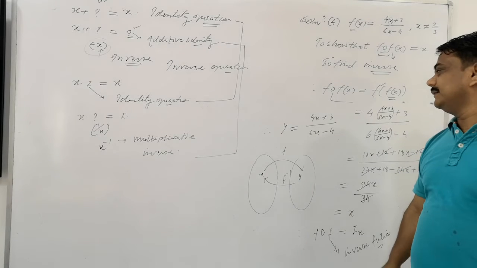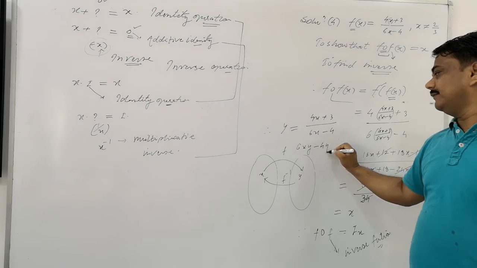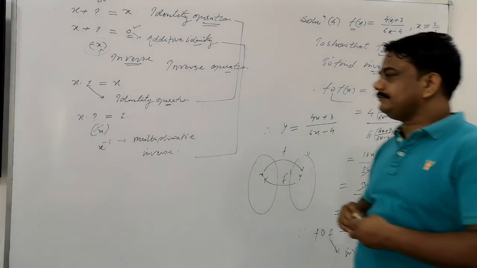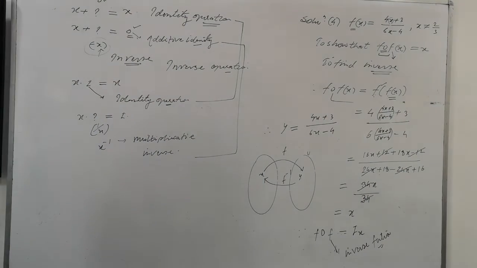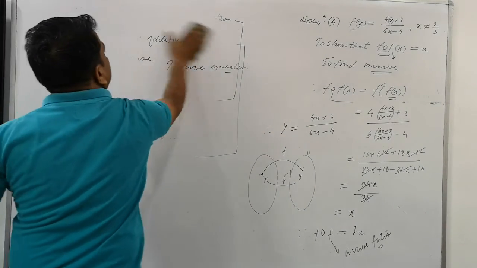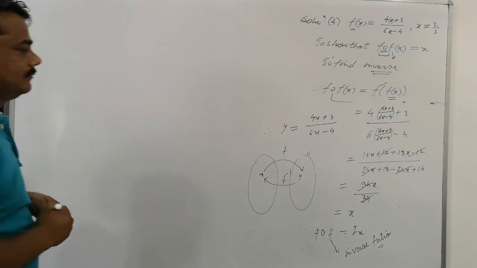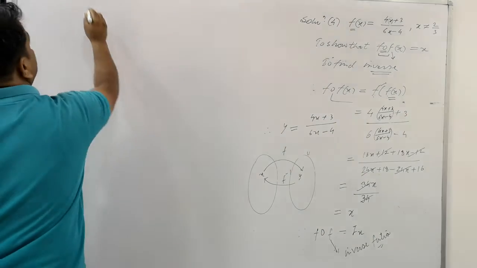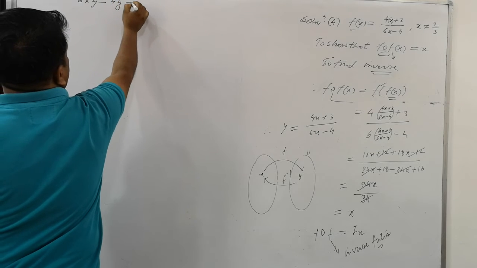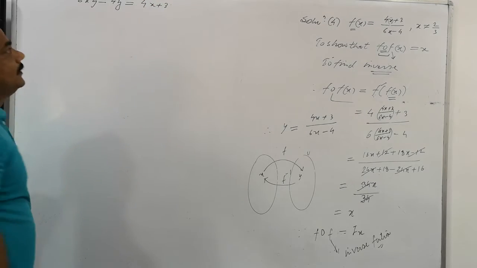This is to be transferred by y. Proceed: 6xy and 4y. Do solve this please. 6xy minus 4y is equal to 4x plus 3. So we have to find x.